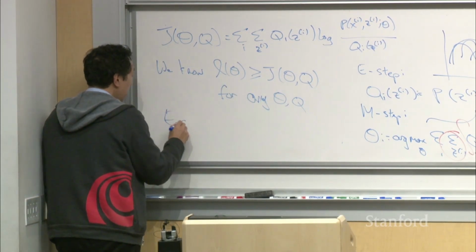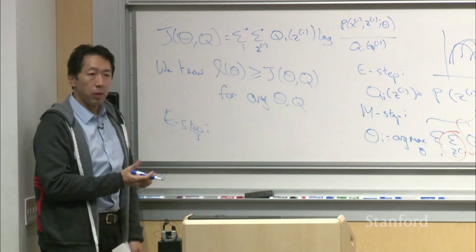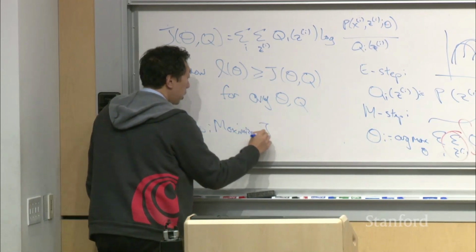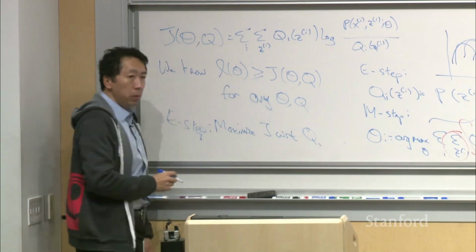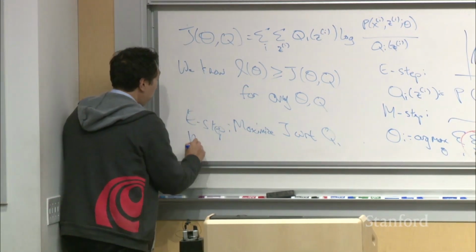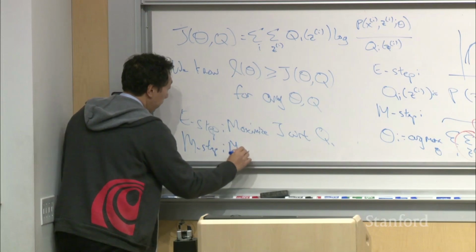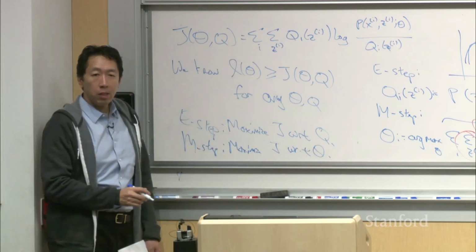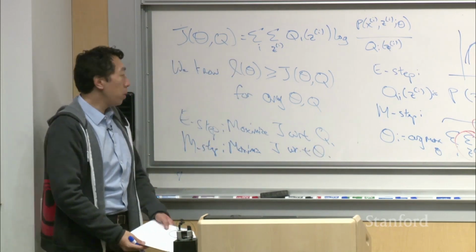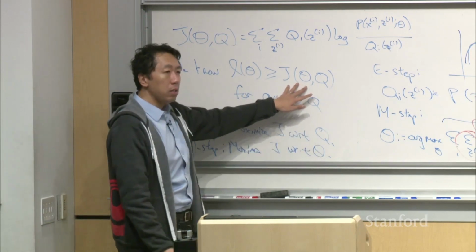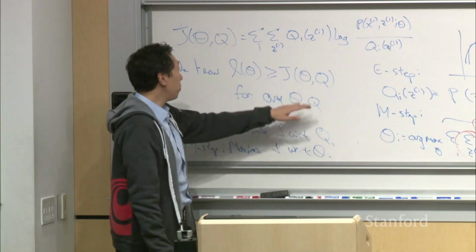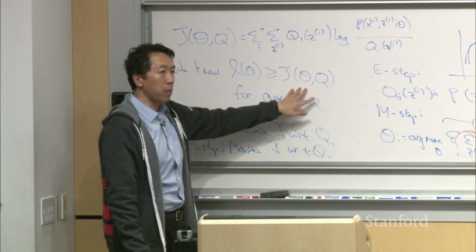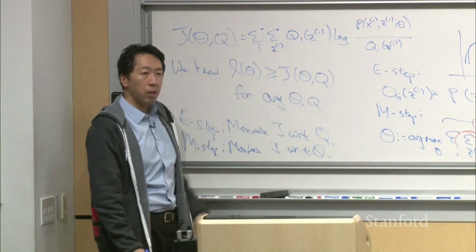So it turns out that an equivalent view of EM is that in the E step, you're maximizing J with respect to q, and in the M step, you're maximizing J with respect to theta, right? In the E step, you're picking the choice of q that maximizes this, and the choice of q we have will set J equal to L, and then the M step maximizes this with respect to theta and pushes the value of L even higher.